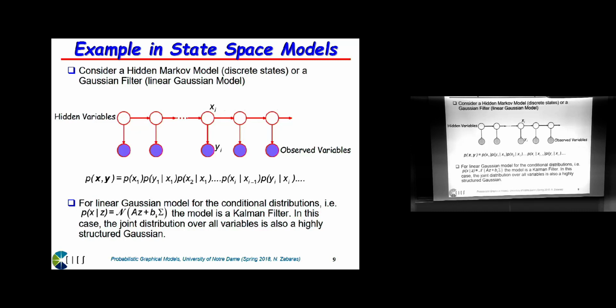These are the observations. You can think of them as noisy values of x, if you like, in some sense. If the dynamics and the observation models are Gaussian, this problem has a very nice analytical solution. That's what the Kalman filter is, all right?